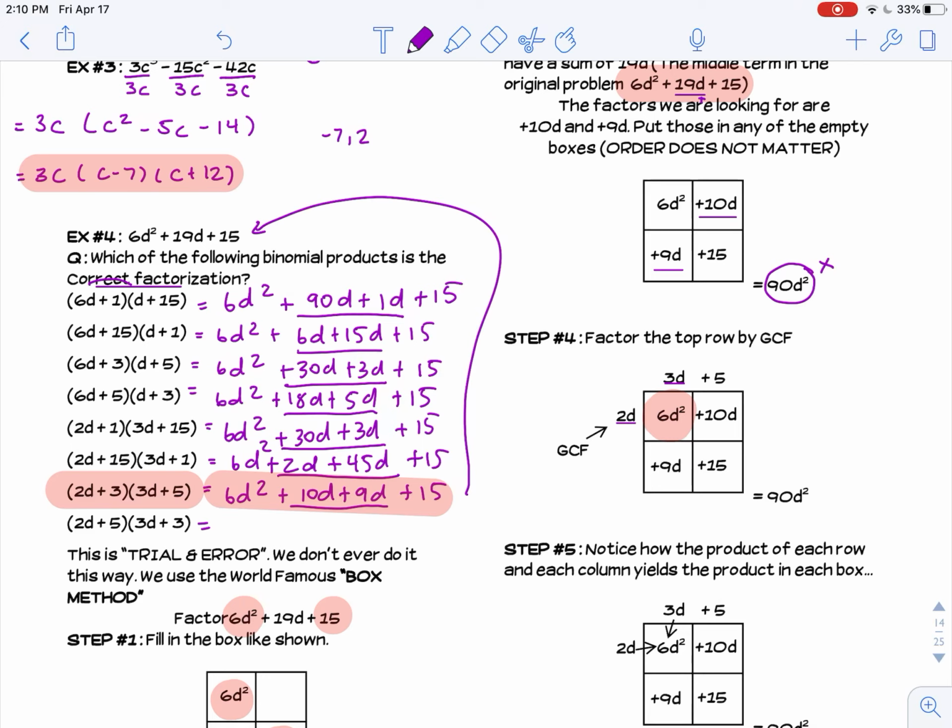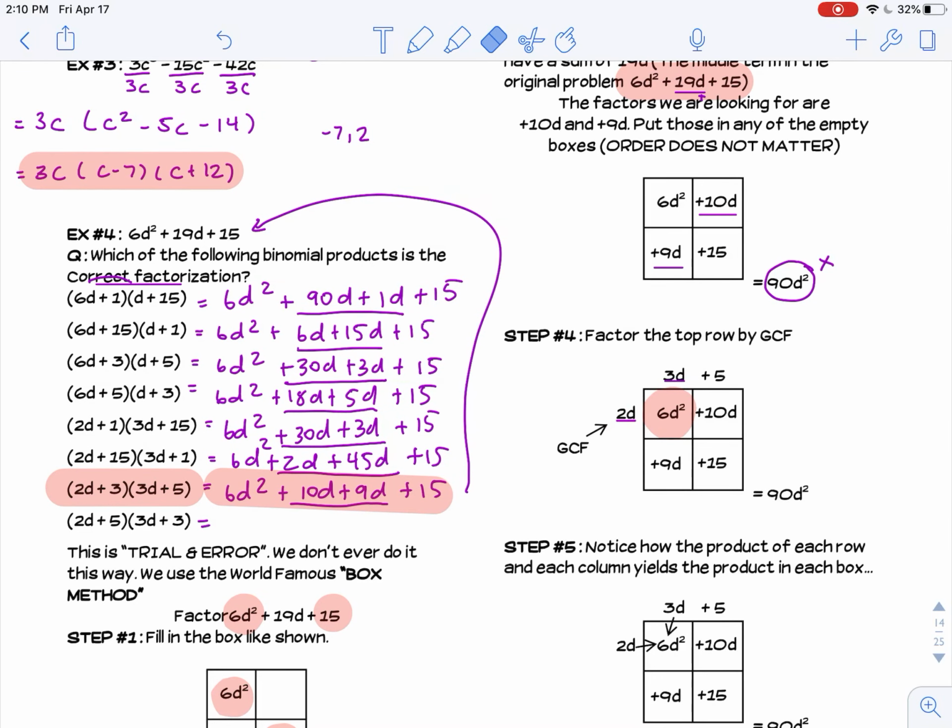Now, one of the key things is to look for the GCF. What is the GCF of 10d and 6d squared? That's 2d. Let me say that again. You could do this by trial and error, or you could do it by finding the GCF.